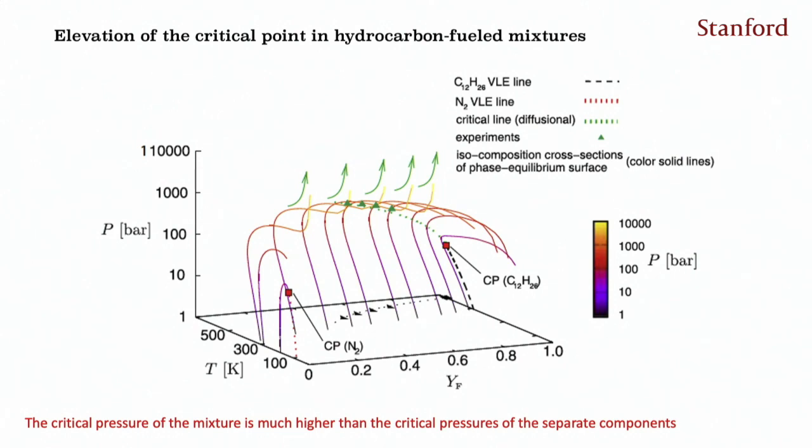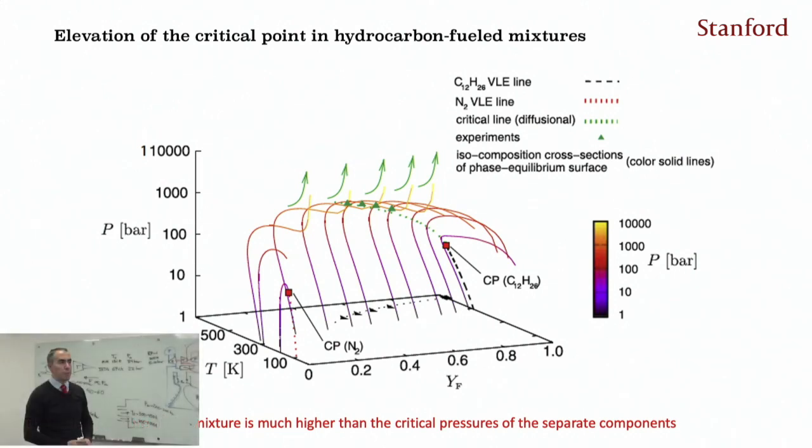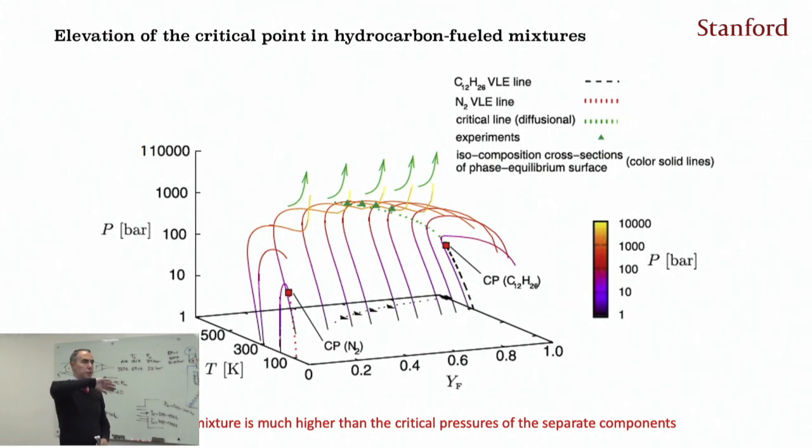You see the critical points of both pure components, and you see that the coexistence region has this promontory, and that promontory reaches up to 1,000 bars. So you can have systems, dodecane-nitrogen, dodecane-air, dodecane-oxygen, and many other hydrocarbon-air mixtures, whose coexistence region reaches up to thousands of bars.